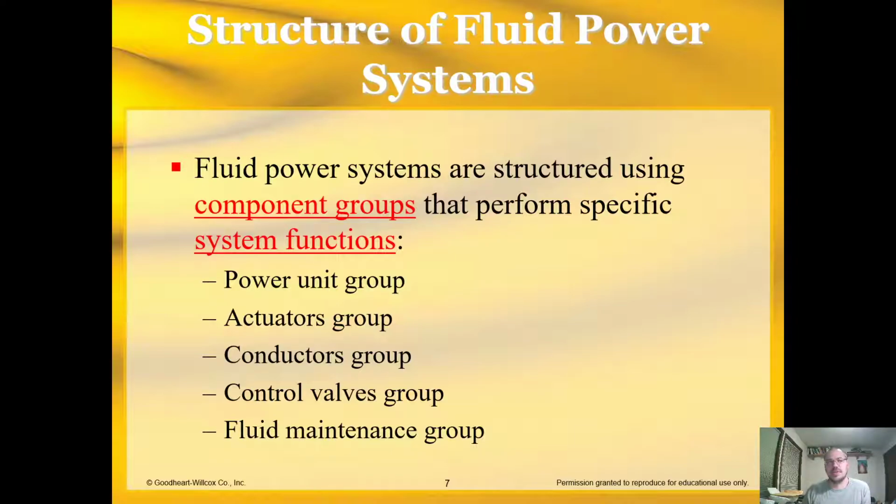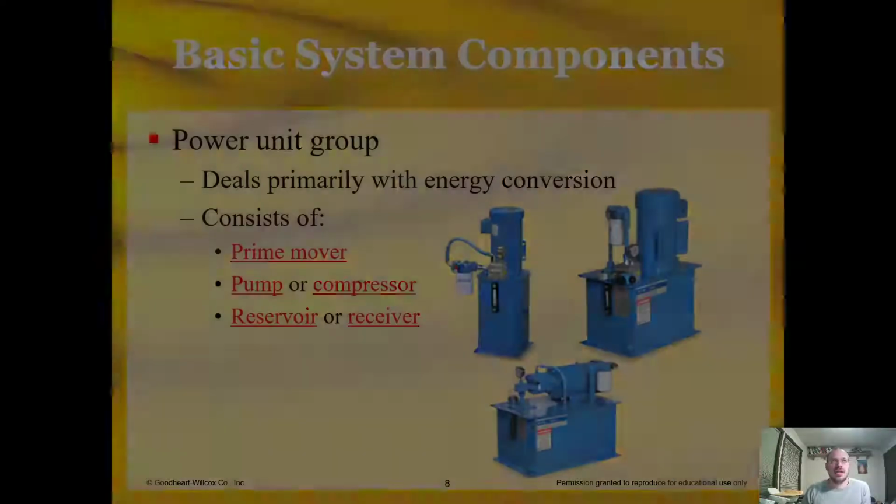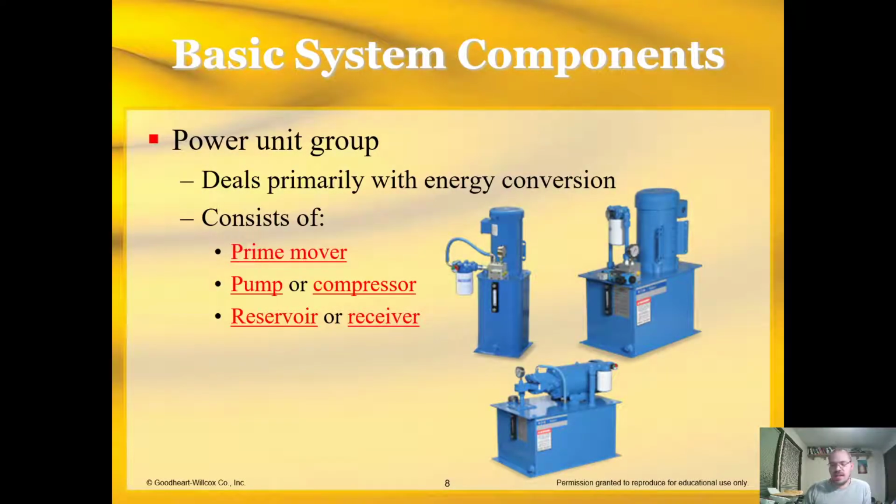We're going to go through each one of those groups. As you're looking through this, I'll mention quickly that I'm going to post this on Blackboard, and these red indicators are clickable and will take you right to definitions. So if you wanted to know what a prime mover was, you could click on it and it would tell you.